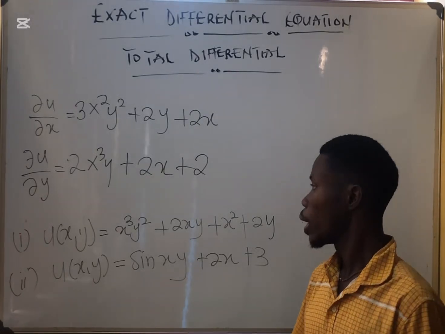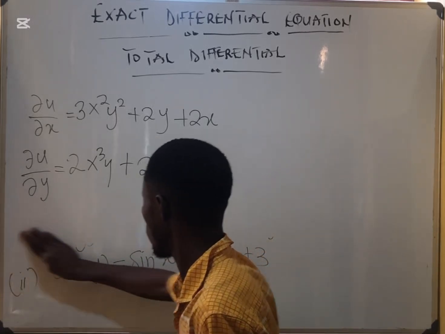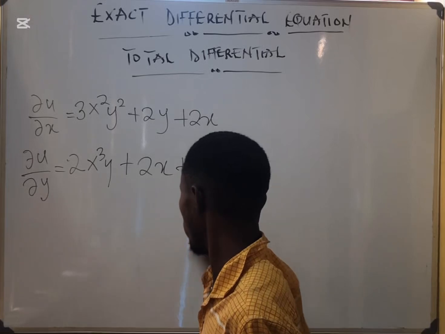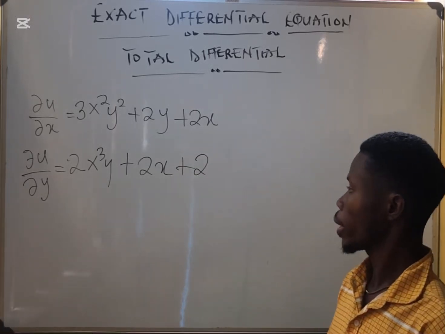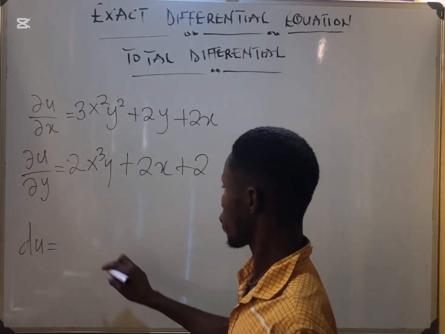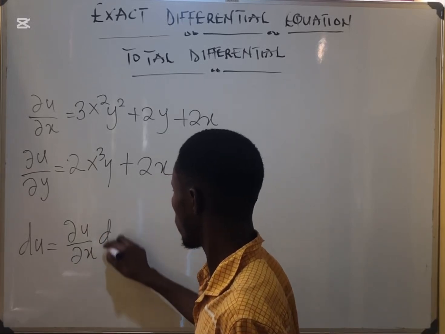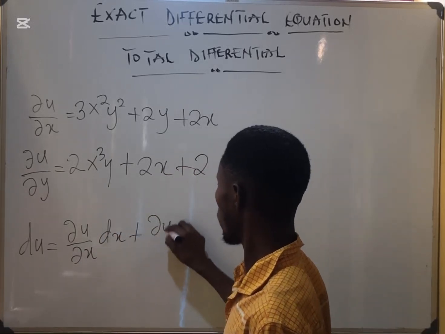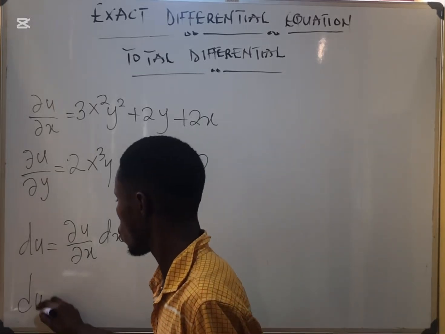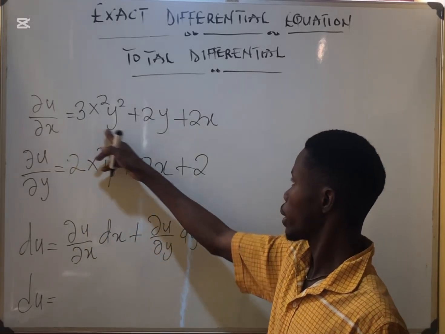Is that okay? Now, let me clean the question. I'll write it again if the need arises. Now after this, you know that the formula is giving us du equals delta u delta x dx plus delta u delta y dy. So du is equals to, delta u delta x is this one.